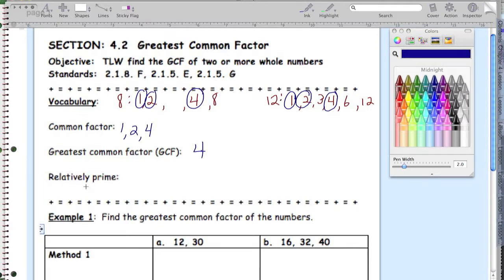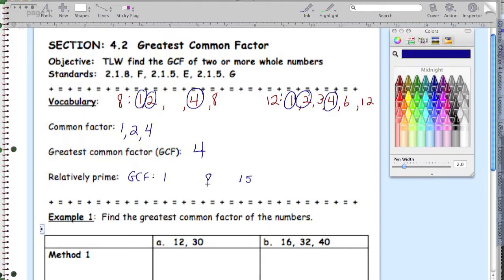Okay? Now, the last term here is relatively prime. This has to do with two numbers, as we're looking at here, 8 and 12. And this is when the GCF of two numbers is 1. So let me give you an example, and we'll look at it more later. If I have the numbers, let's say 8 and 15.